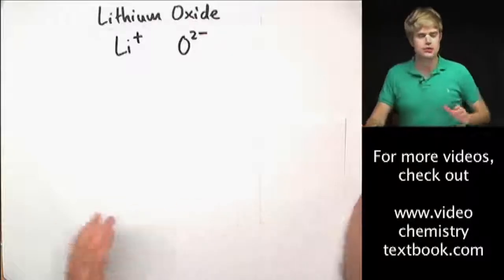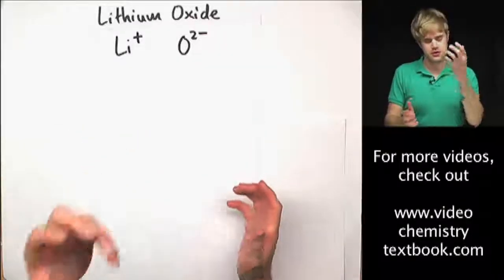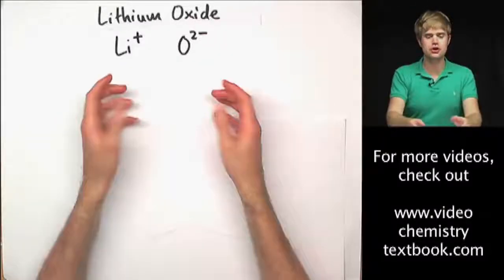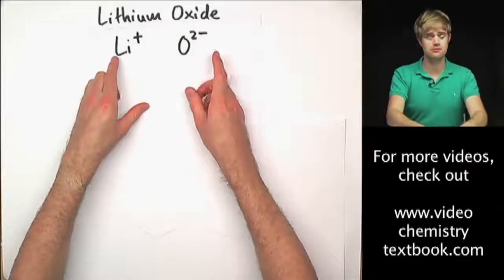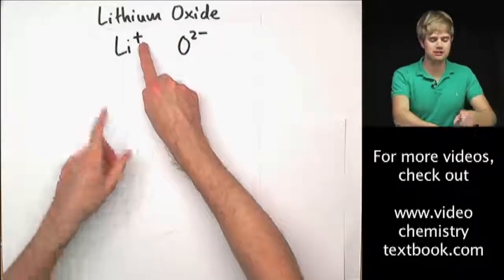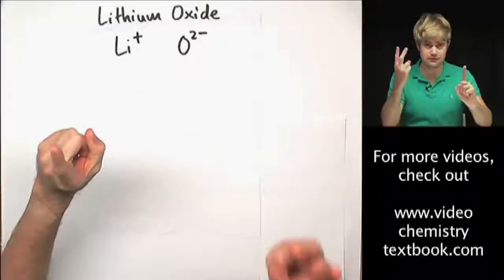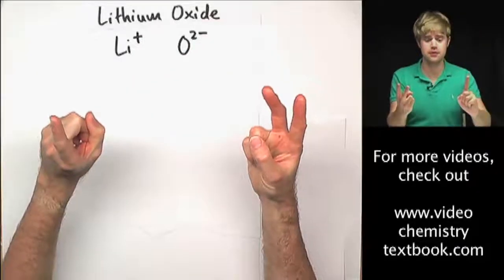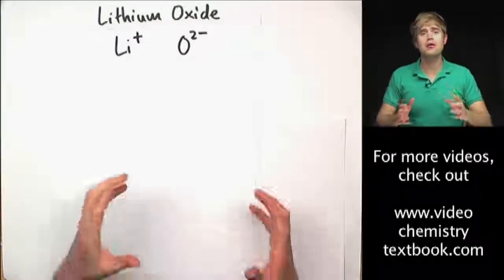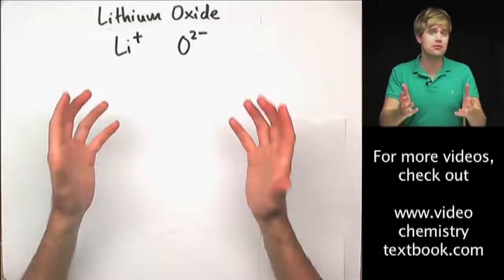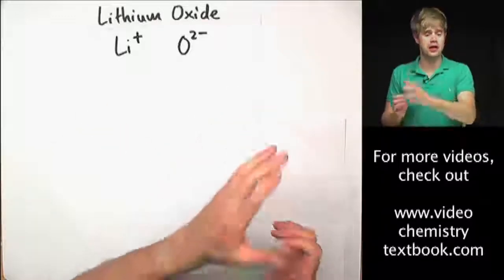Now I ask myself, do the plus charge and the minus charge balance when I have one atom of both of these? The answer is no, because I have 1+ charge, but I have 2- charges. So the charges don't balance. But I want to figure out how to balance them. I need to have them balanced in order to write the chemical formula.